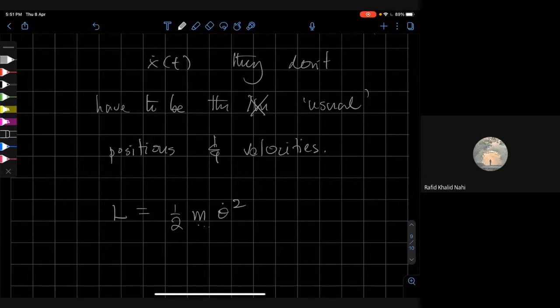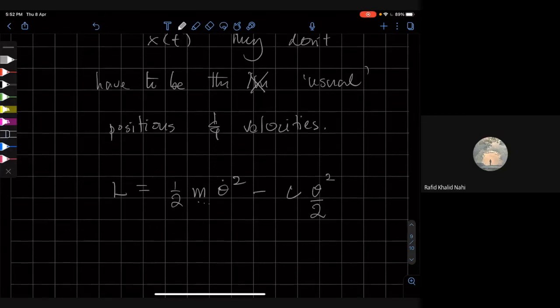But what I'm saying is that for the simple pendulum, it's really the angular velocity which gives the kinetic energy, right? And then the potential energy has some constant times a cosine, which in a small angle approximation just gives me theta squared. So here we see that the position is the angular separation.